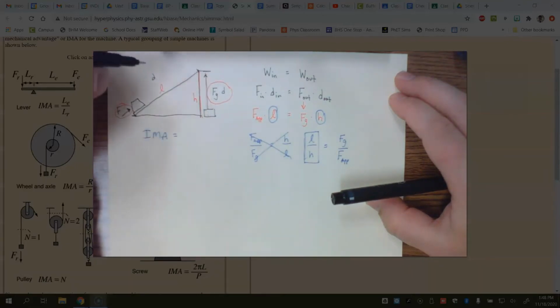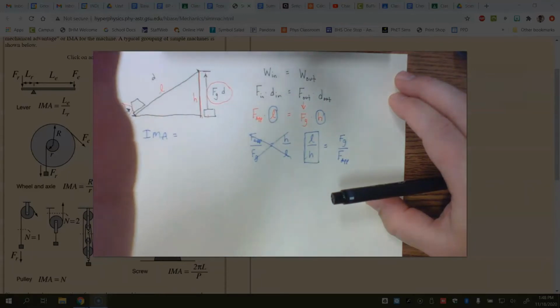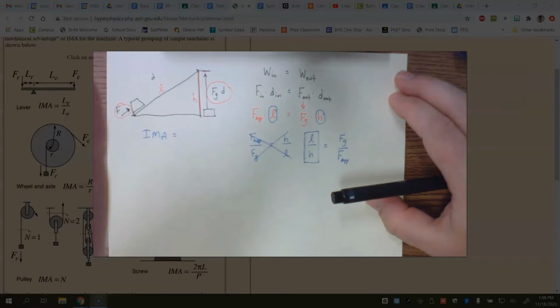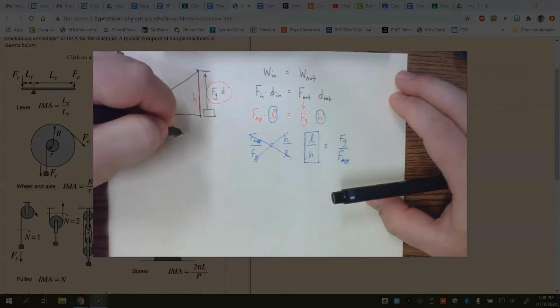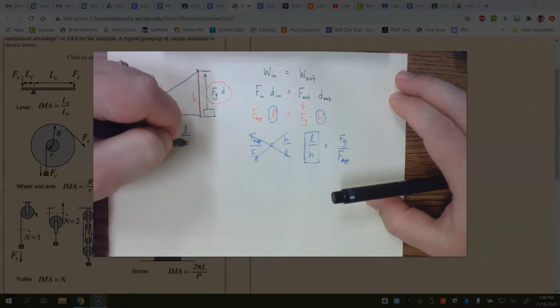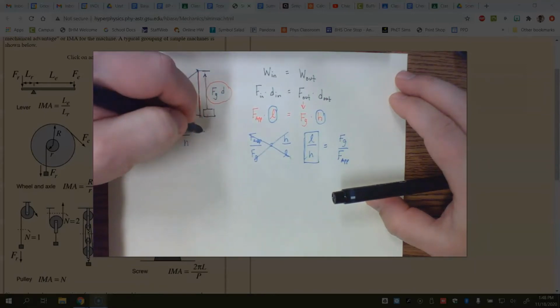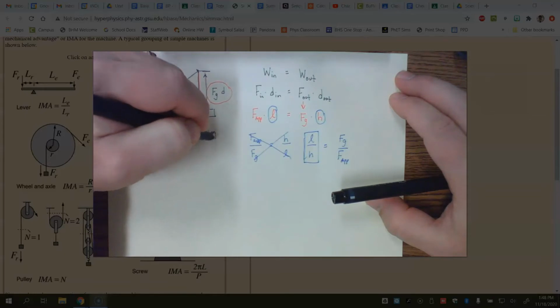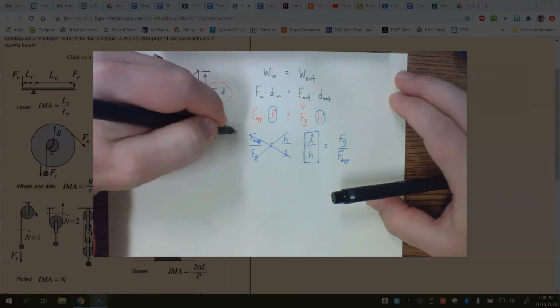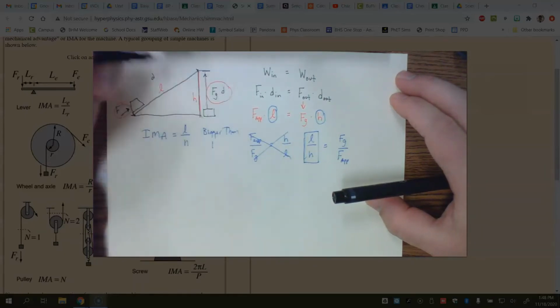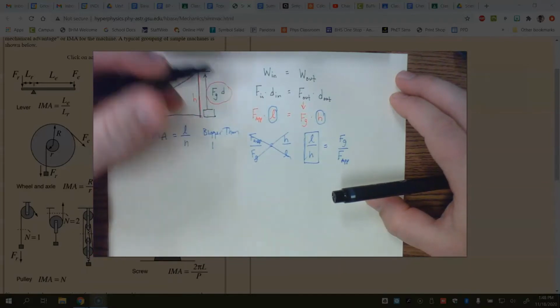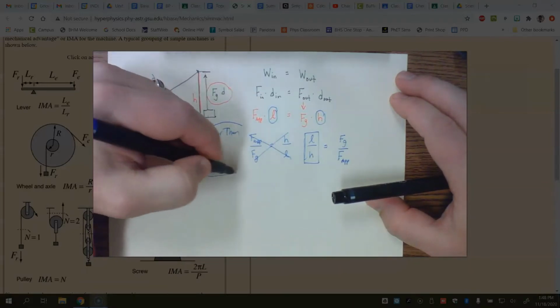So the ideal mechanical advantage for this incline is going to be the length of the ramp divided by the height. And if this is bigger than 1, then we are going to see what we like to call a force advantage.